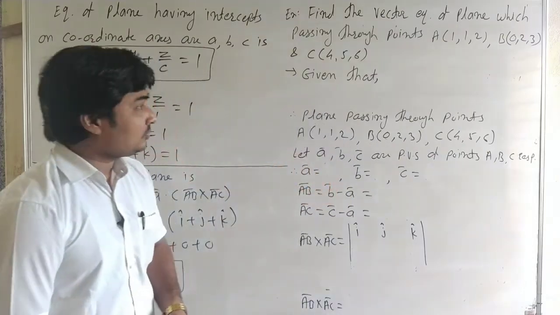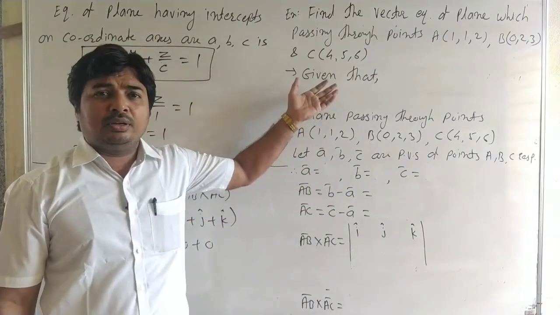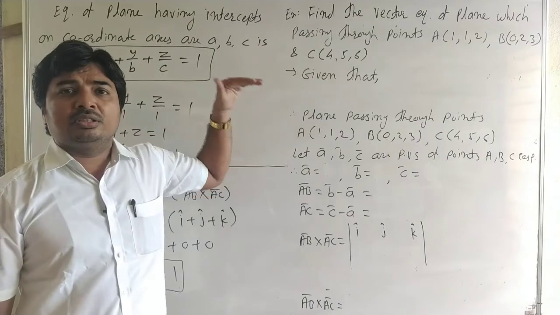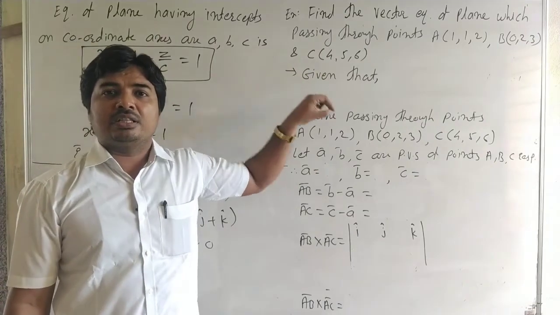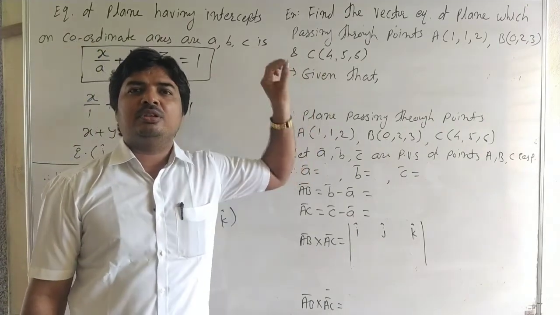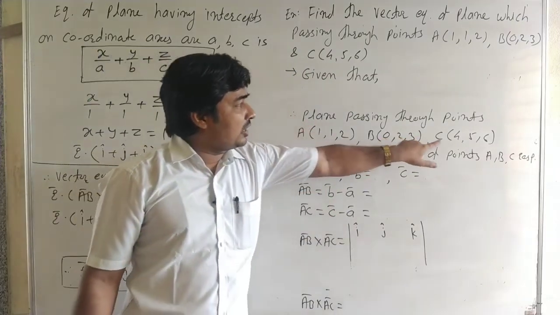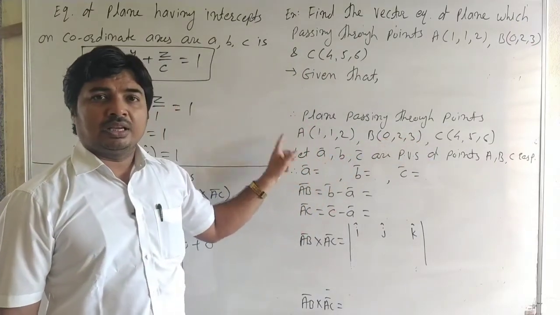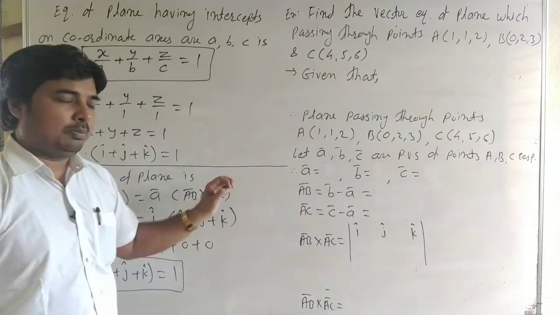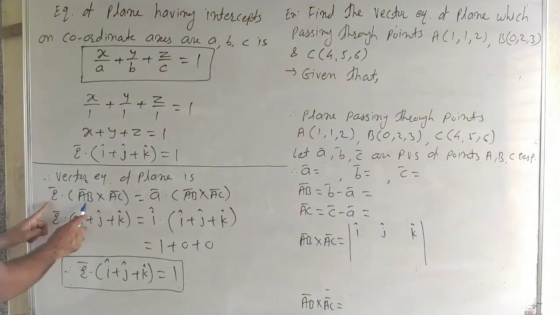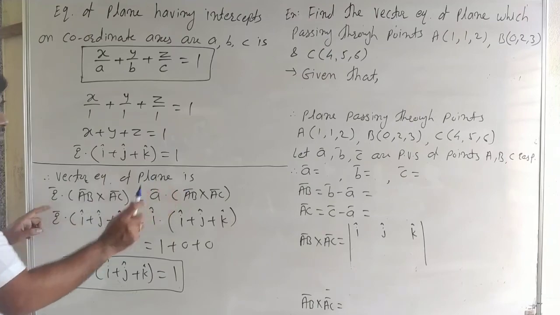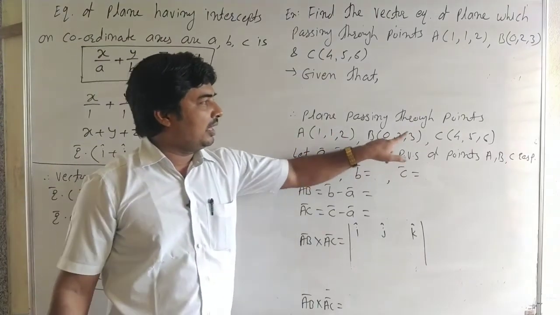See carefully. In the last example, points were not given; it was given that the plane makes intercepts with the coordinate axis. Here in this example the points are given, and we know that the vector equation of the plane passing through 3 points is R bar dot AB cross AC is equal to A bar dot AB cross AC, with A bar, B bar and C bar.